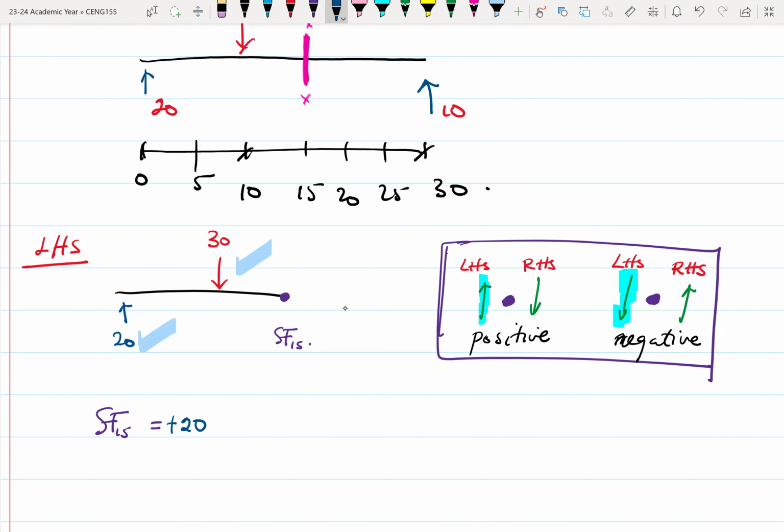The 30 is also on the left, but it's acting downwards. So that makes the 30 negative. It becomes minus 30. If you sum these two up, you get minus 10 kilonewtons. So the shear force at 15 meters from A is minus 10 kilonewtons.